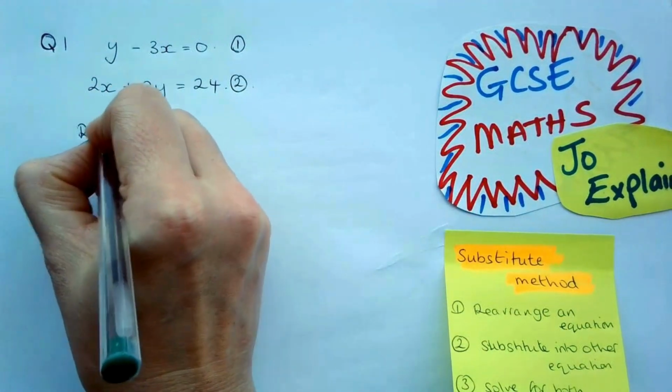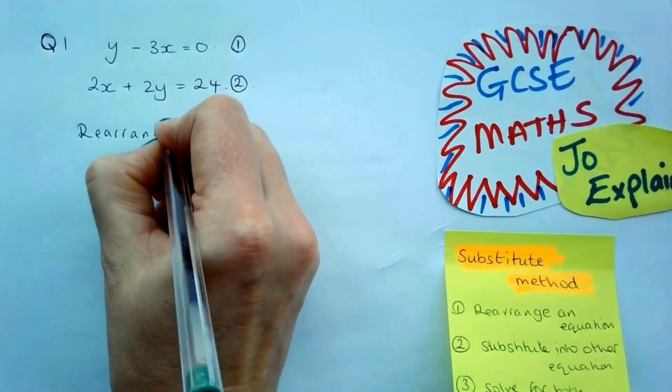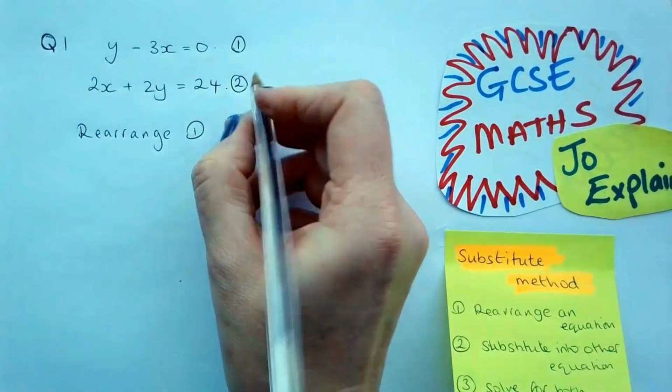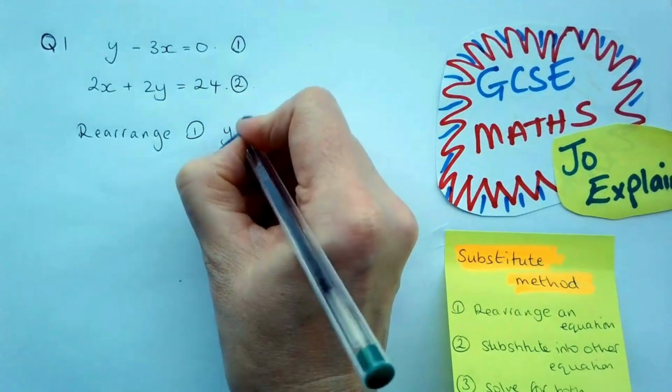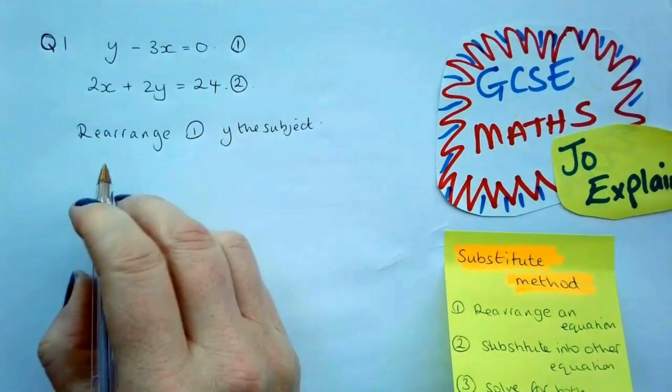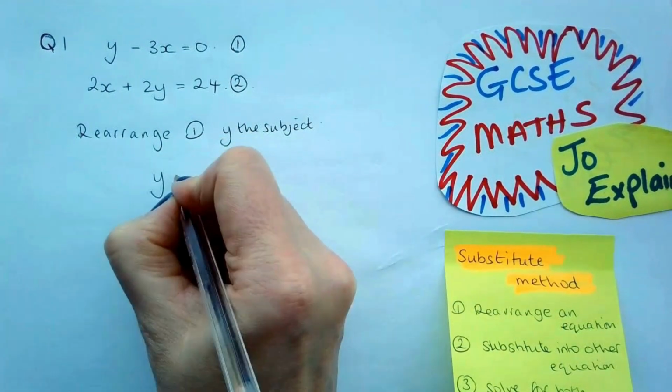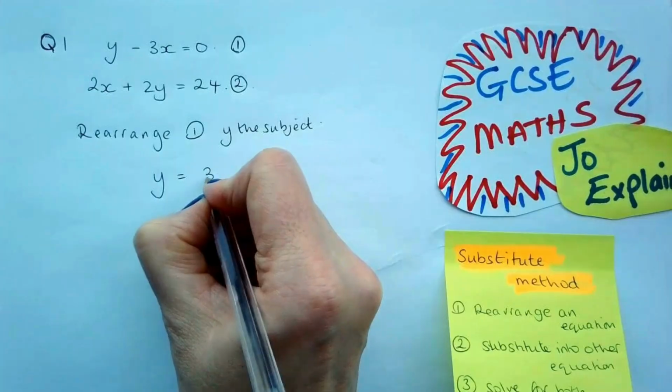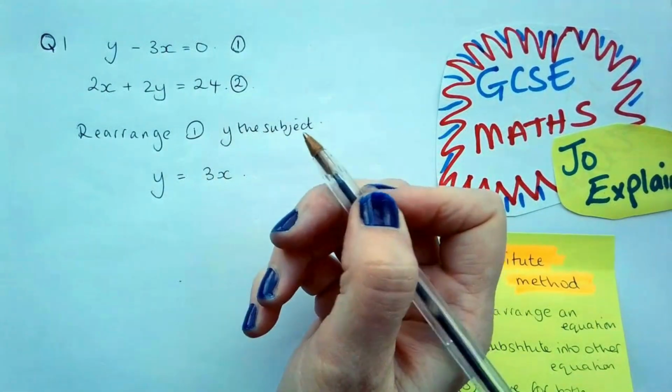So rearrange number 1. To make y the subject, instead of having y minus 3x equals 0, I'm now going to move the 3x over to the other side. I'm going to have y equals 3x.